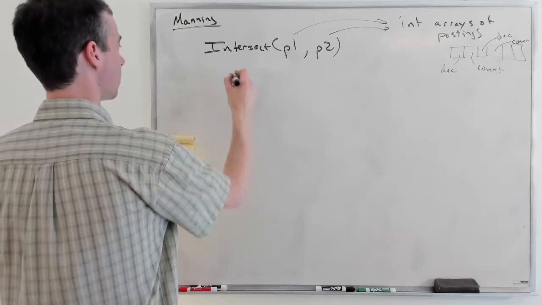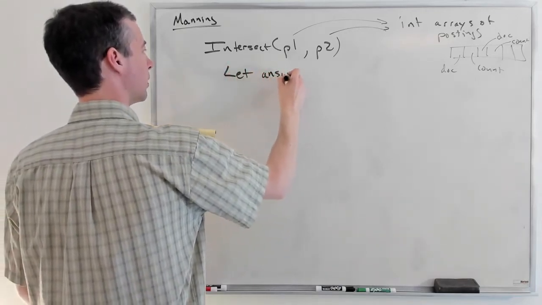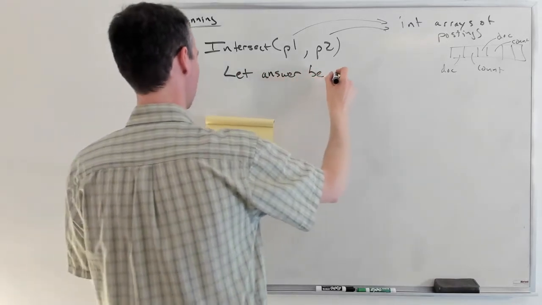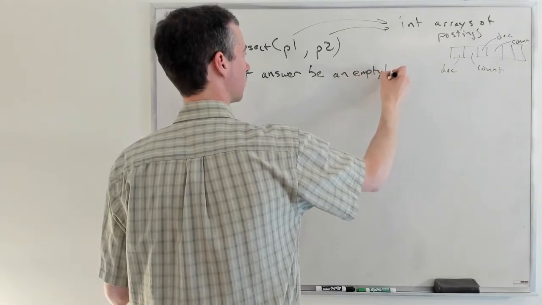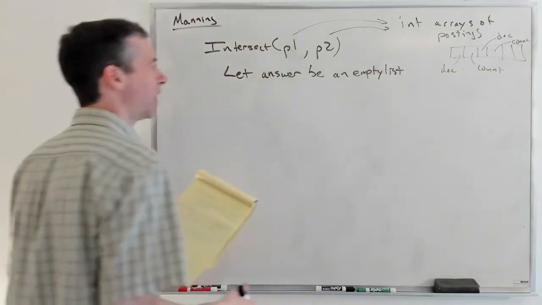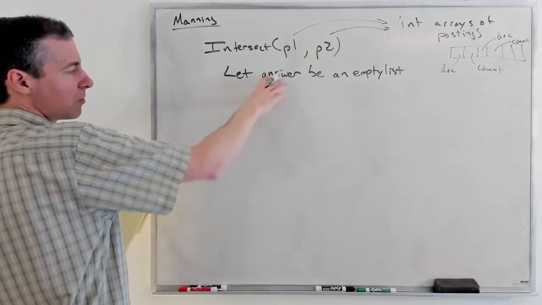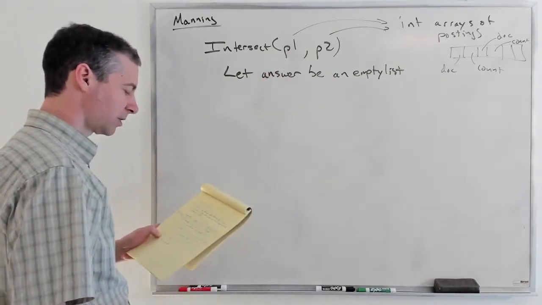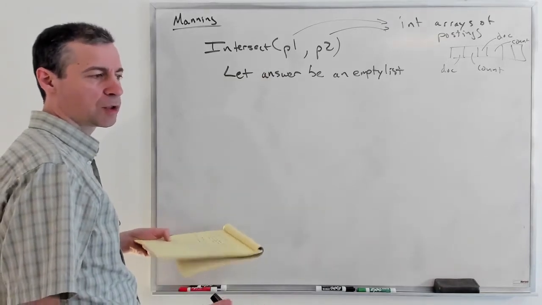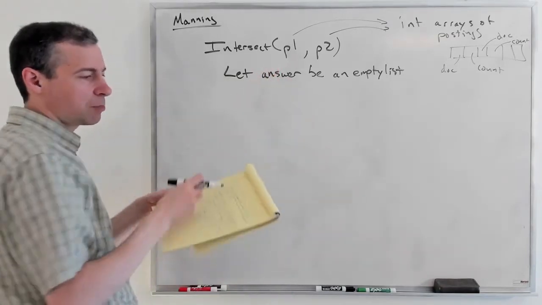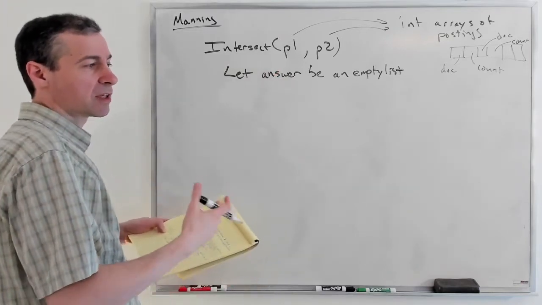And so we'll start off by letting answer be an empty list. In fact, what you might really want to do is construct answer to have the same format as a postings list, but you don't need the counts in there.